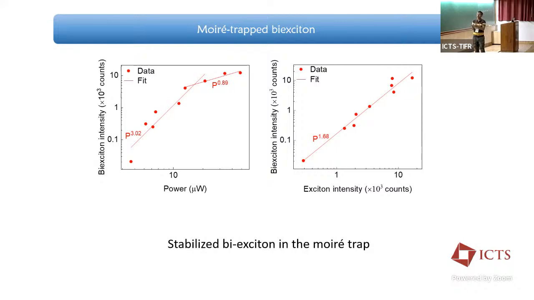But what we are observing here is a very clear biexciton feature which goes as 1.68 with exciton, and that is actually getting stabilized within the same Moire pocket.